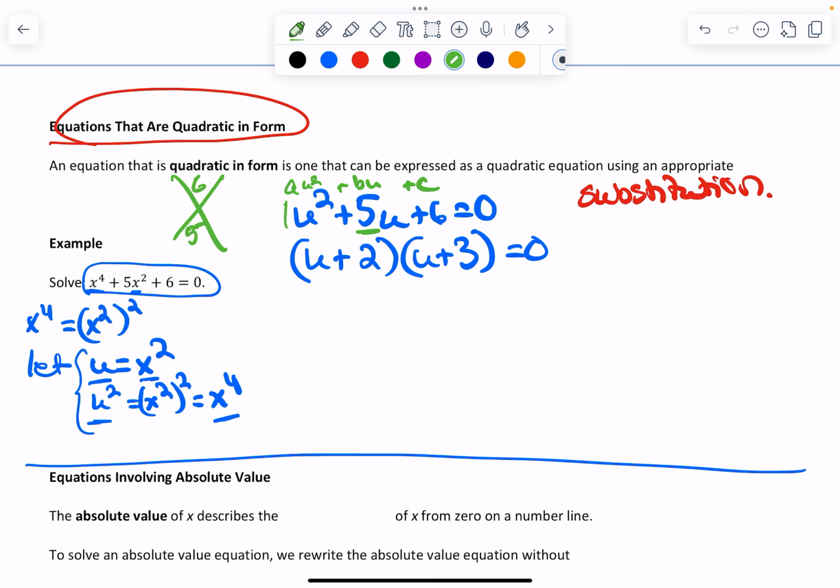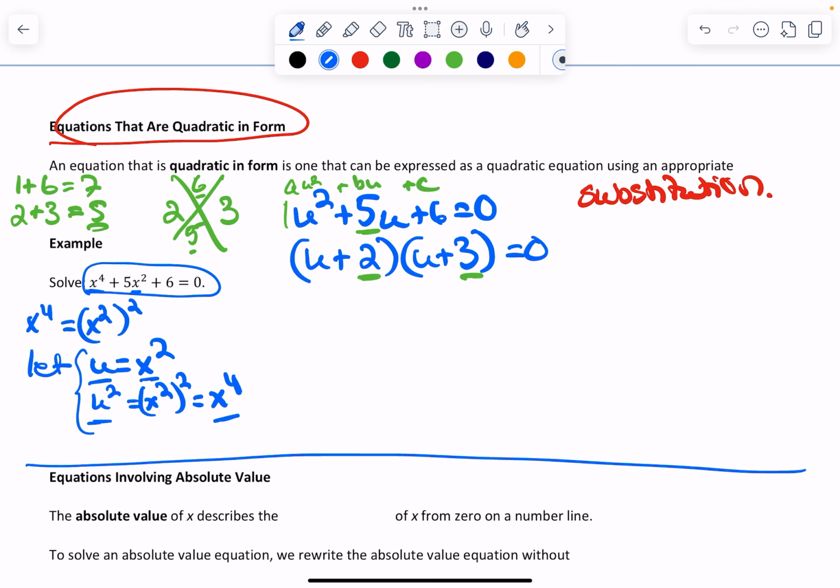Both are positive, so our factors have to be positive. Factors of 6 that add up to 5. Well, we already learned that 1 plus 6 is 7. 6 is divisible by 2, so factors 2 and 3, 2 times 3 is 6, and 2 plus 3 gives us the 5. So we know that our factors are 2 and 3, which are right here.